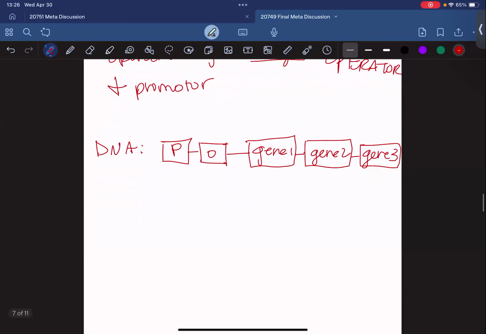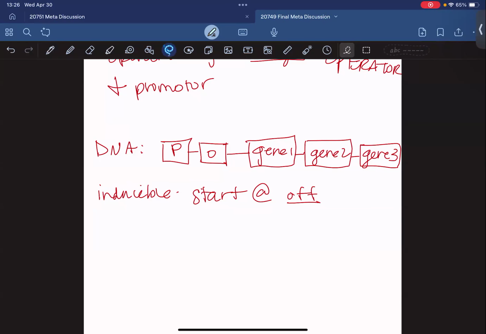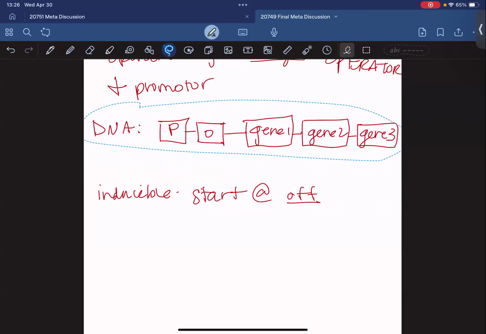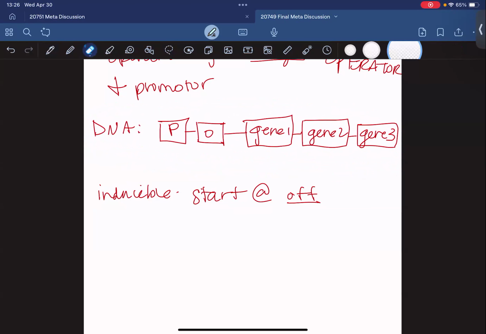All righty. So in an inducible operon, we start off as off. This is the DNA, but this is what on would look like. This is at the DNA level.